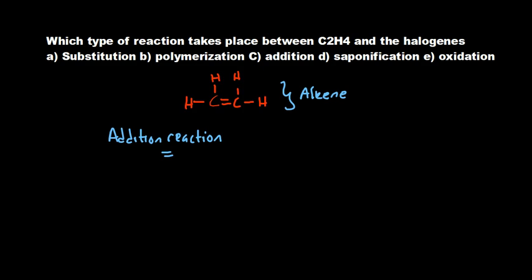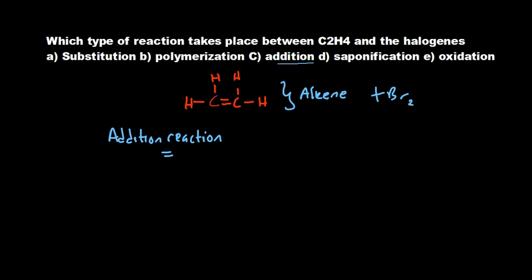It is unsaturated. So it will undergo addition reaction. So the answer to this question is addition reaction, because the compound is unsaturated. It needs to be saturated, so it needs to be added to. So let's say we had plus Br2.